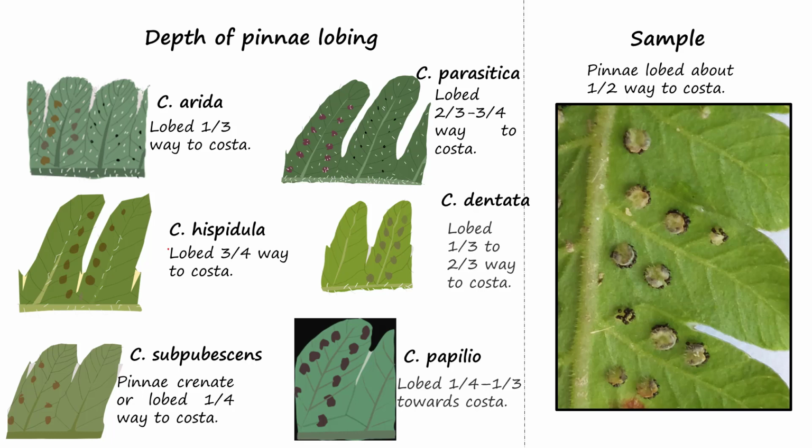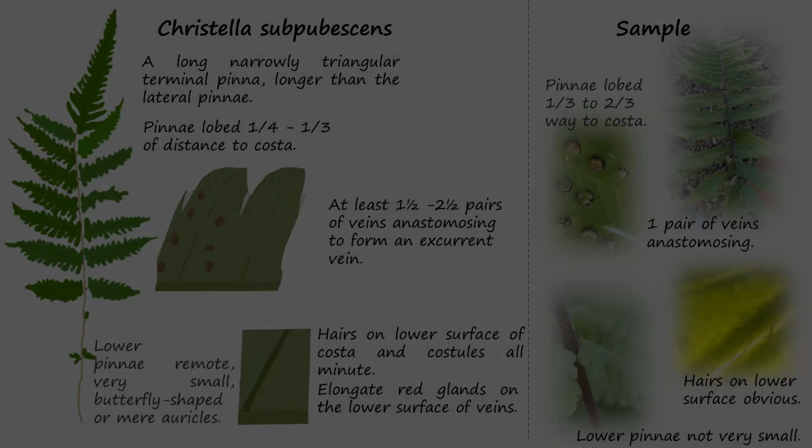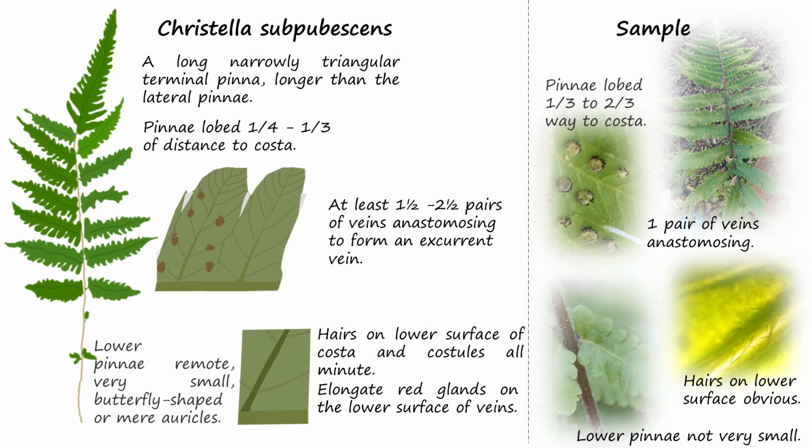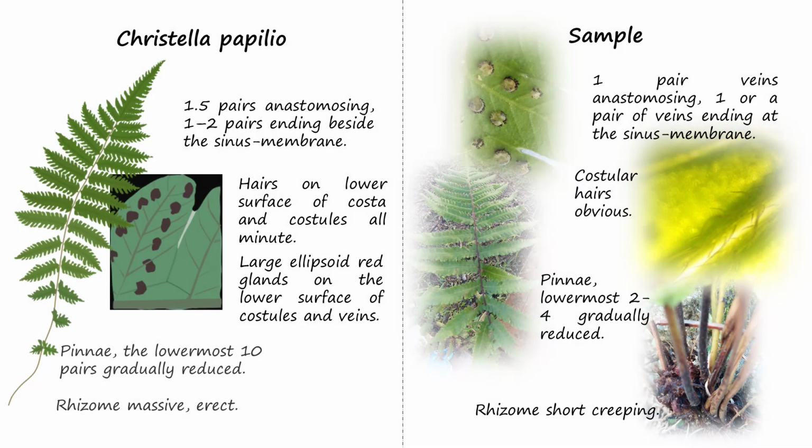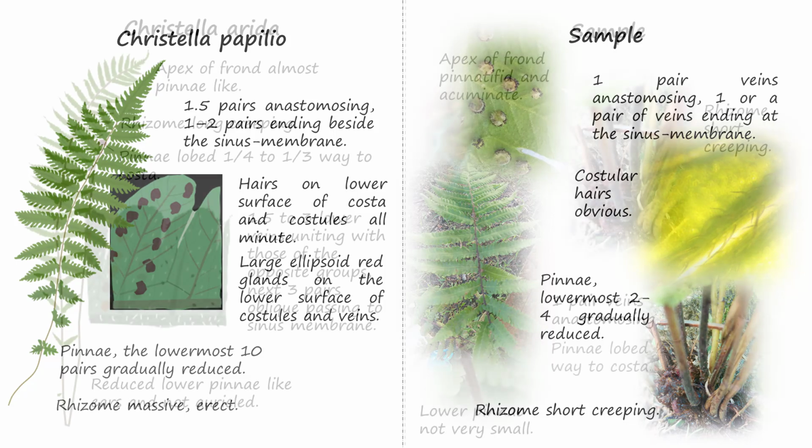Each of these species also had other characteristics which eliminated them as the identity of the sample. Christella subpubescens, for example, has lower pinnae remote, very small, butterfly-shaped or mere auricles, and hairs on lower surface of costa and costules, all minute. Christella papilio has about 10 pinnae gradually decreasing in size and a massive rhizome.